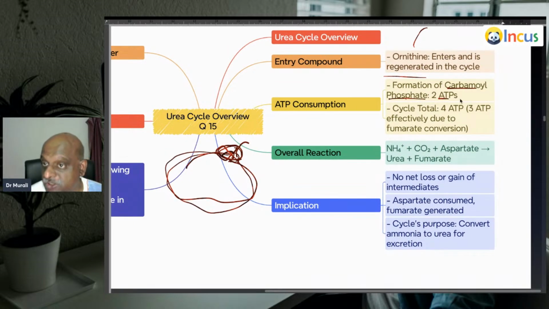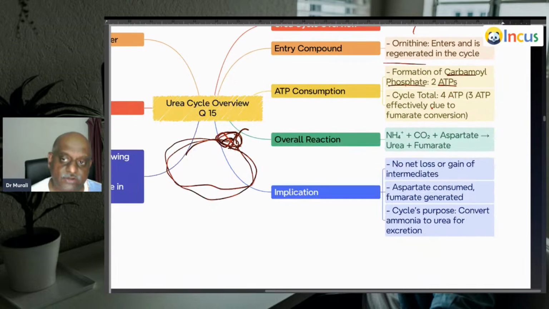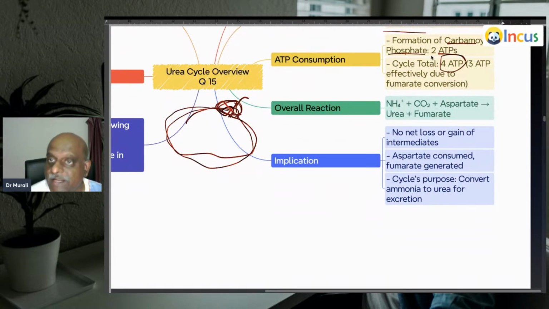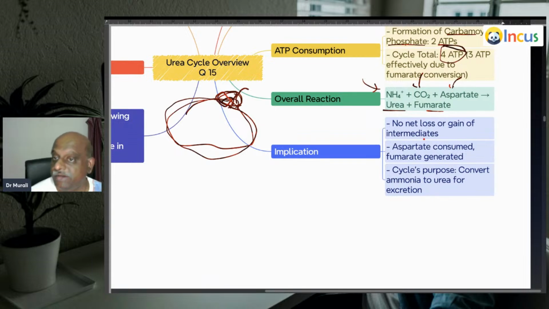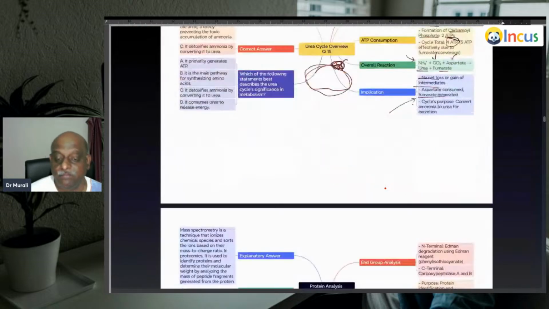When carbamoyl phosphate is produced, 2 ATPs are consumed. Totally 4 ATPs are used. So the overall reaction is ammonia plus carbon dioxide plus aspartate gives rise to urea and fumarate. So there is no net loss or gain of intermediates. Aspartate is consumed and fumarate is generated. And the whole purpose of the urea cycle is to convert the ammonia to urea for excretion, is what you need to remember.